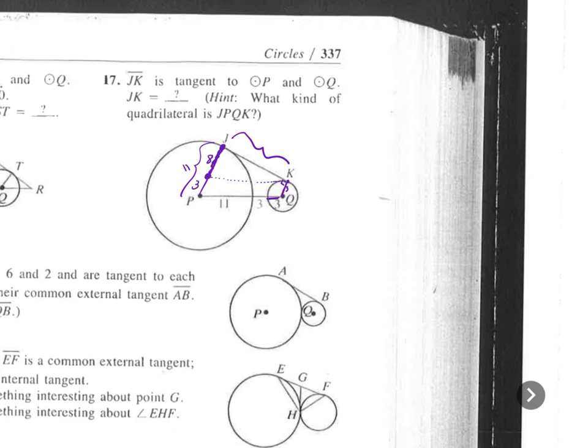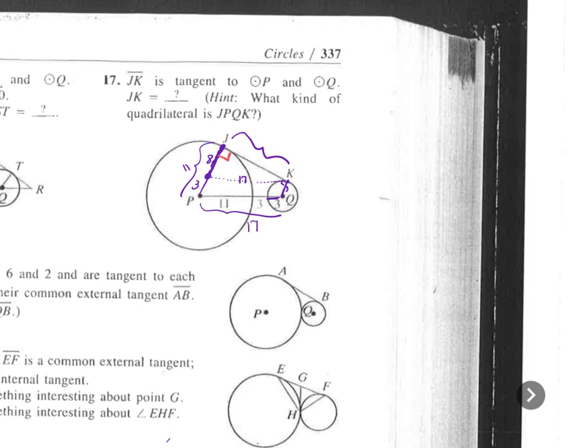Remember that my right angle is right there at the point of tangency. Okay? We good with that? Now we know the opposite sides of a quadrilateral are congruent. So as I look down here at this side, I've got 11 plus 6, which is 17. So that means that this side is 17.